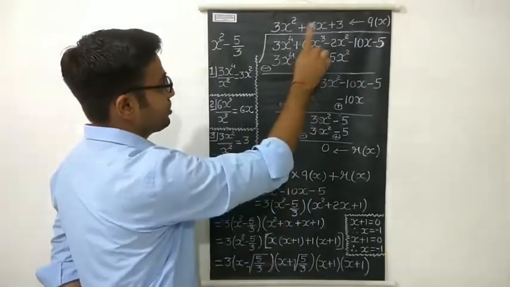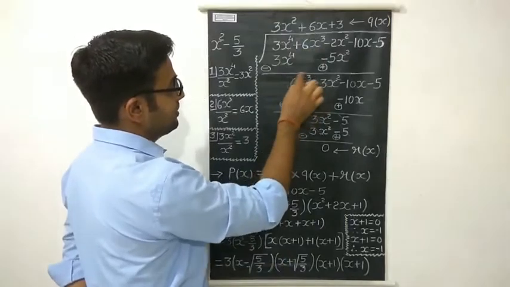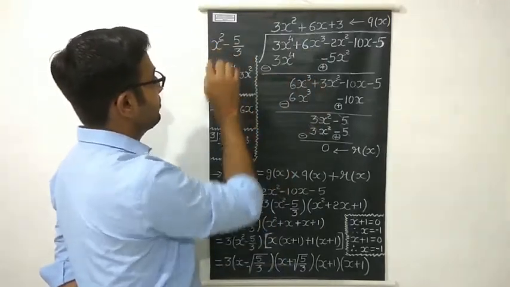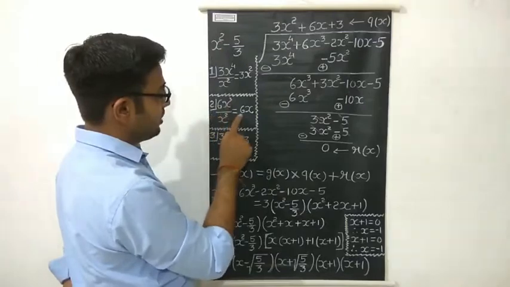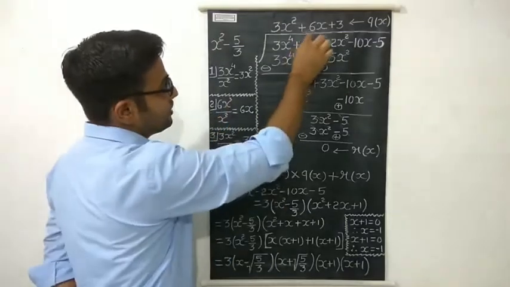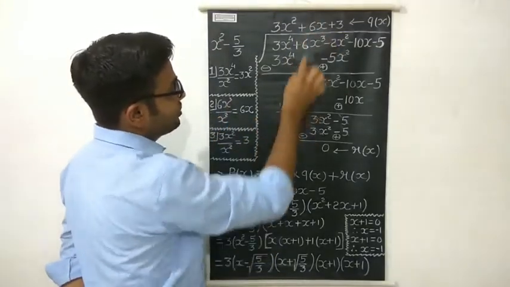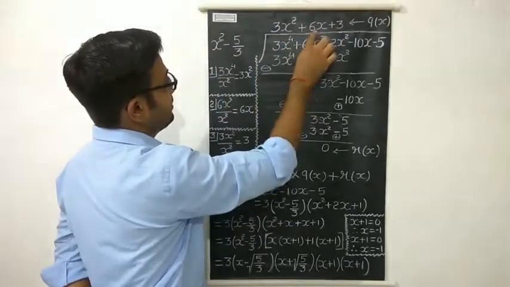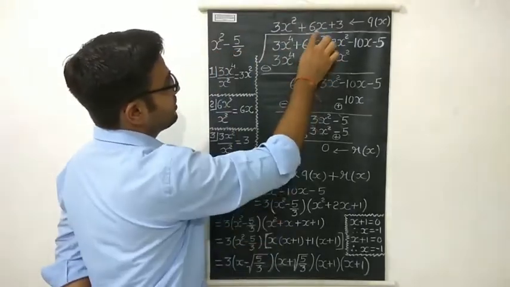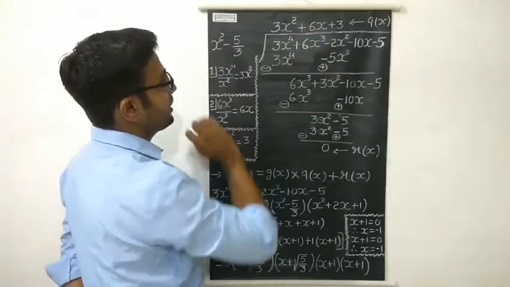To get the second quotient, we divide this 6x^3 by x^2 again. This gives us 6x, so this is our second quotient. By multiplying, we get 6x^3, and 6x into 5/3.